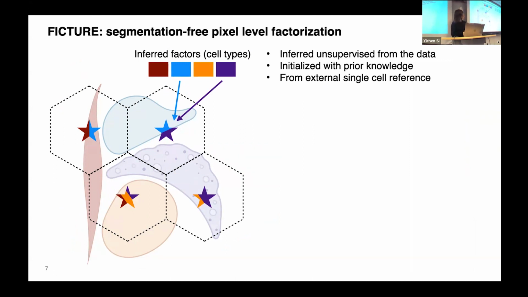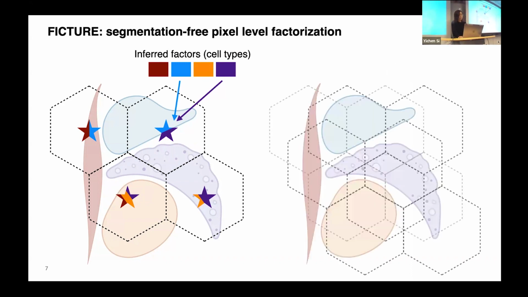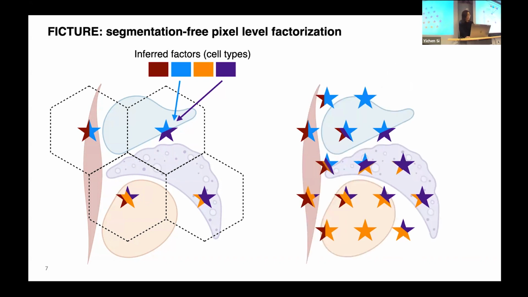Those factors could be learned from the data, or we could also initialize with prior knowledge, or we can use external single-cell reference information. We call the center of each hexagon an anchor point. You can imagine we can slide this hexagonal grid and provide denser lattices of anchor points. Each of them is still a mixture because it contains a rather large area.